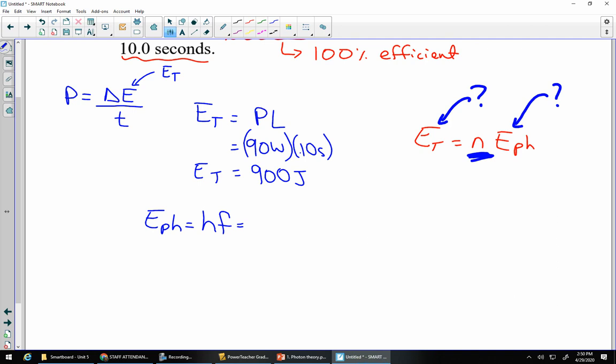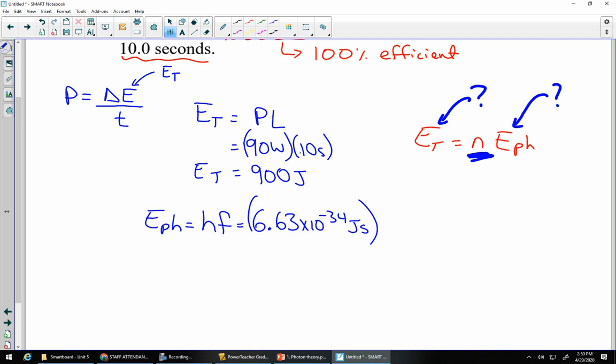Now I got to be real careful here. My value for h, well, if my total energy is in joules, I probably want my individual photon energy to be in joules as well. So let's use the 6.63 times 10 to the negative 34 joule seconds.